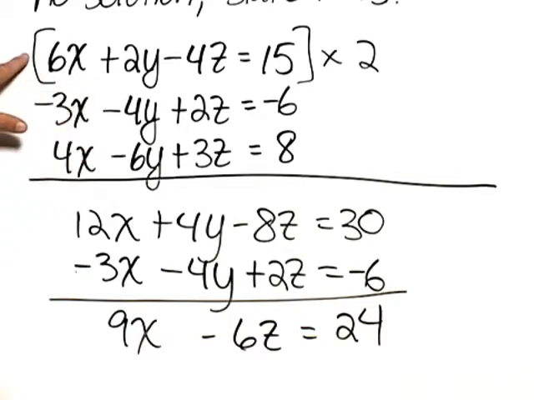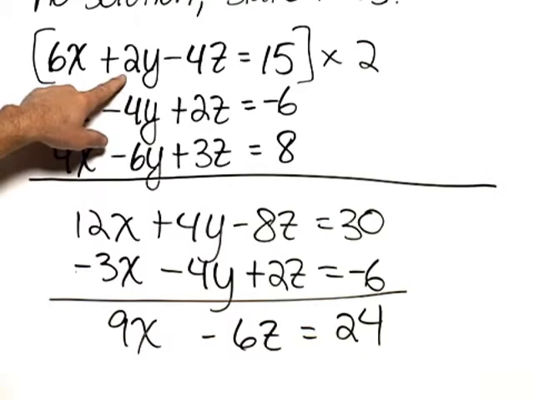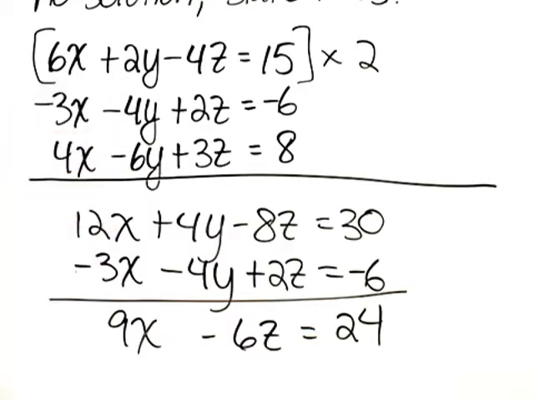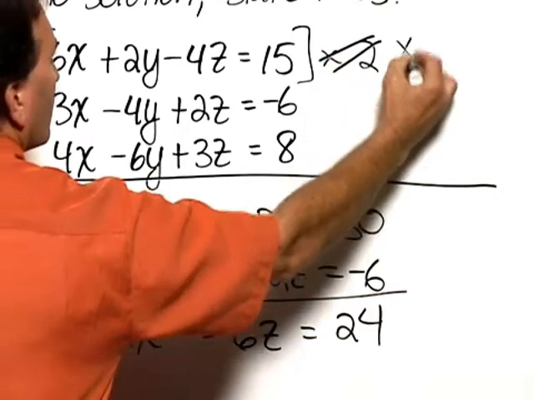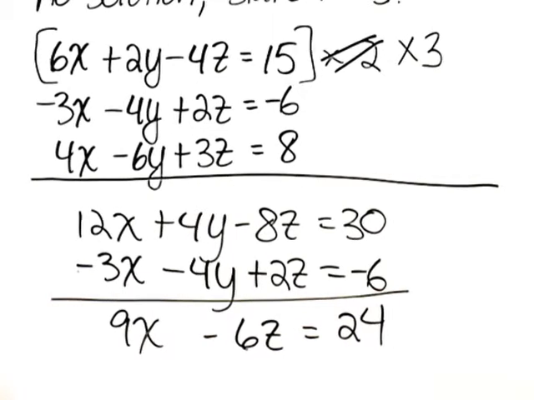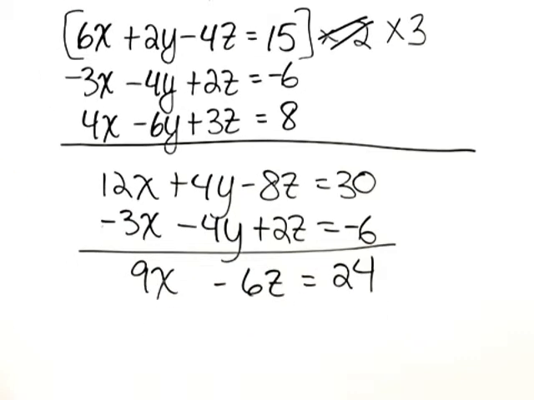You want to use this first equation, and if I multiply by 3, then I can add it to the third equation and eliminate the y value. So I'm going to multiply that first equation, instead of by 2, by 3. All right, so let me write the result of that down below here.